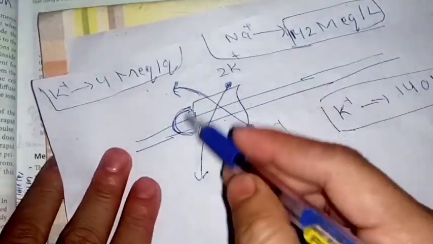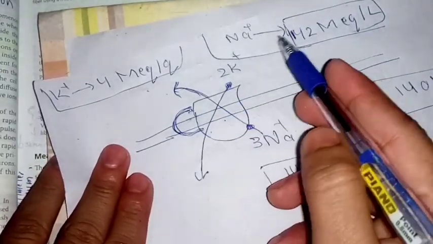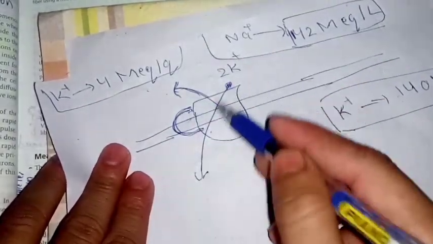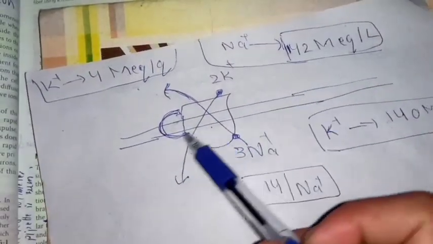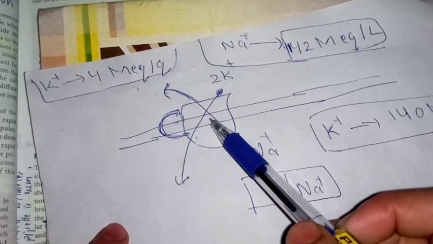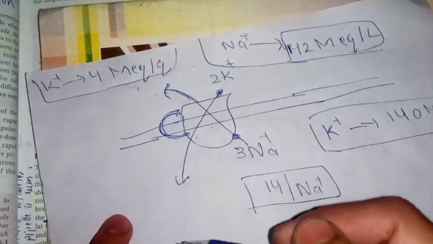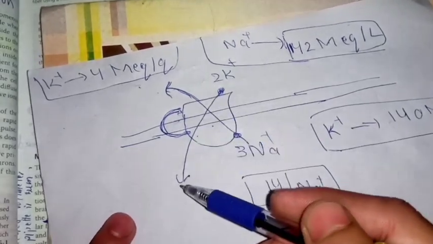In this way, this pump is responsible for these concentration differences. Now we will need their ratio to put in the Goldman equation and calculate the respective membrane potential.